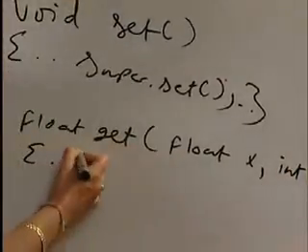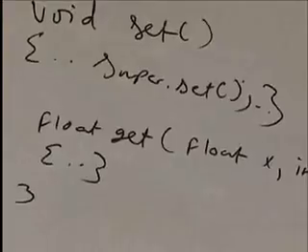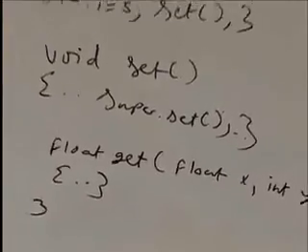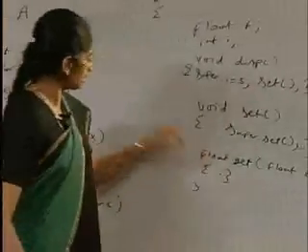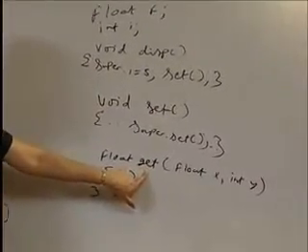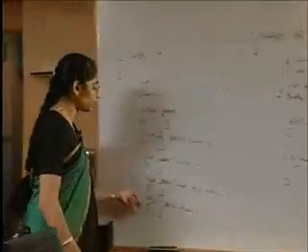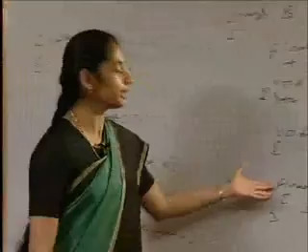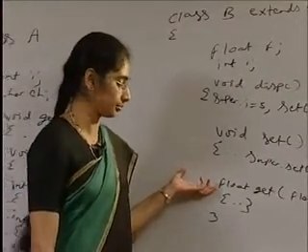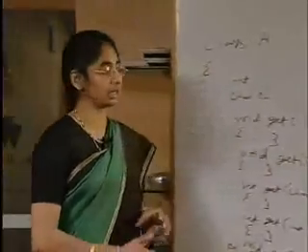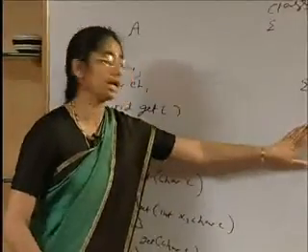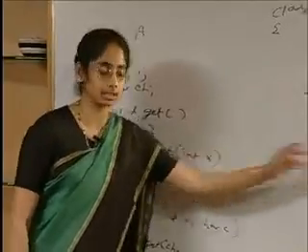So when you create an instance of class B, you have not only these particular get methods, but you also have a get method which you have defined in class B. So overloading can occur not only within the same class, it can also occur between a parent and child, because for the child you have the methods coming from the parent plus you have the methods of the child itself. So again you have an overloaded get method. Whereas if you look at the set, we had overridden the set method because it's the same signature as the parent.